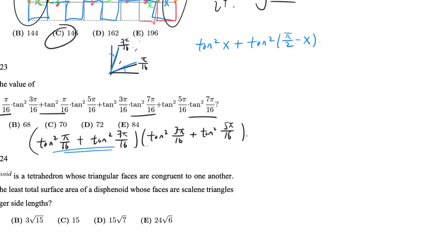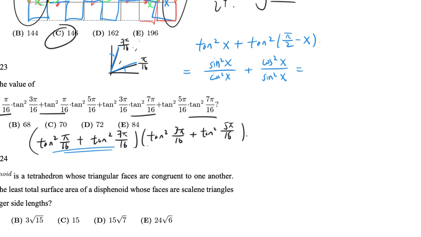So once we know something about this, then we can just plug things in and see if there's something nice. So here we have sine squared x over cosine squared x plus, notice pi over 2 minus x. If you take the sine of that, it would become cosine of x. Cosine x, sine squared x.